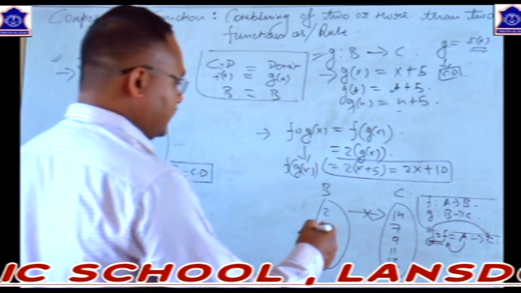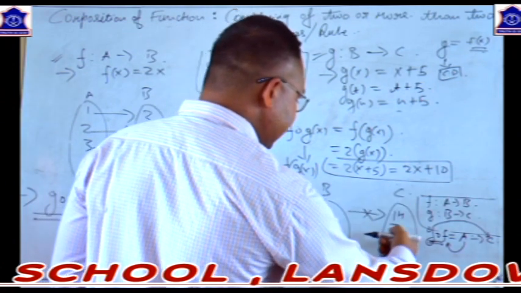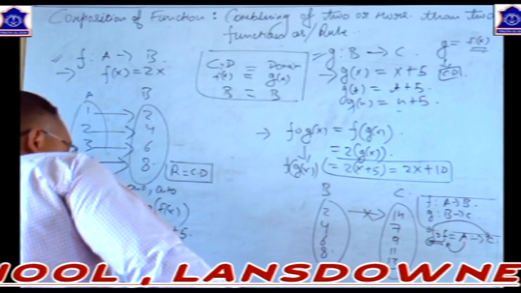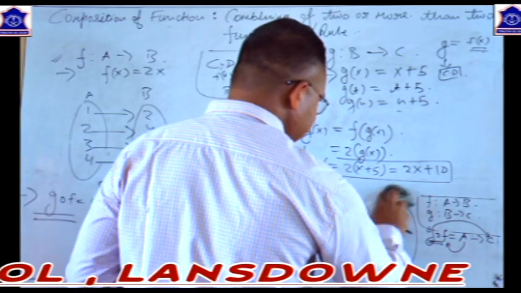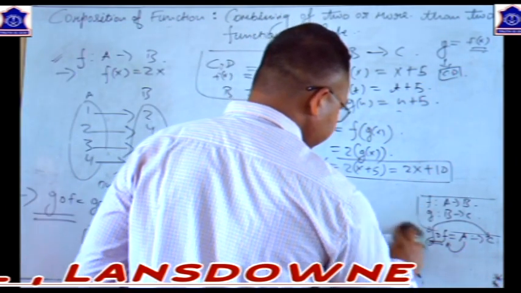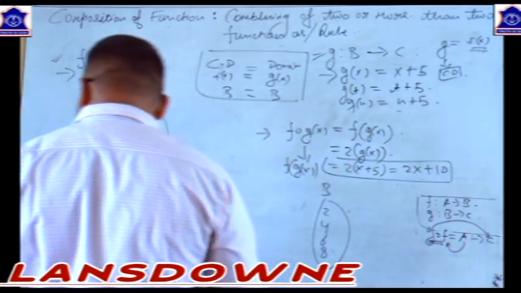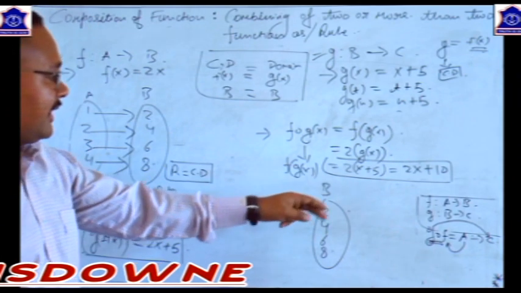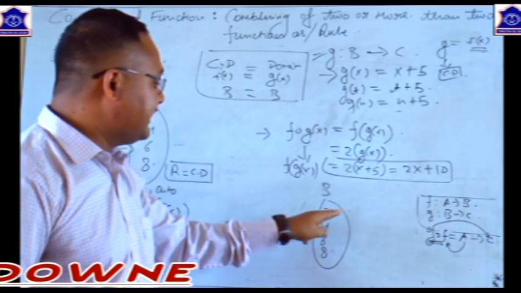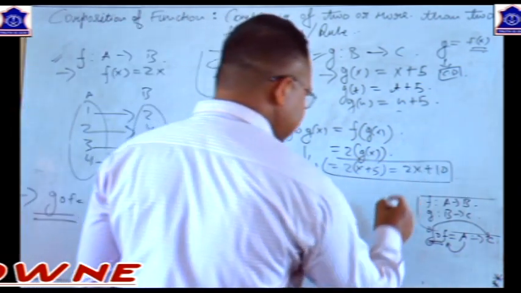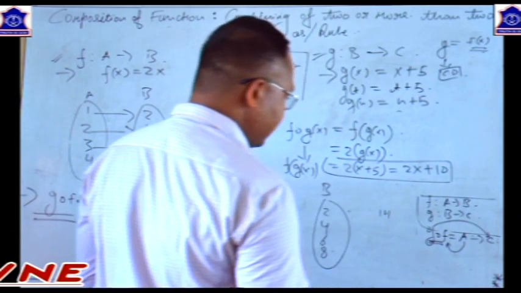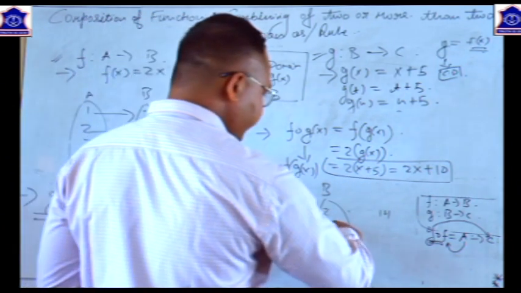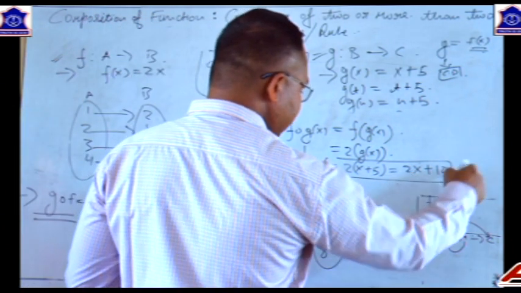So we can't say that this is set C, it would not be right to call it set C. Because if in 2x plus 10 we give x the values from set B, we get 14 as the first element. Then for the second element we get 4 into 2, 8 plus 10, 18.